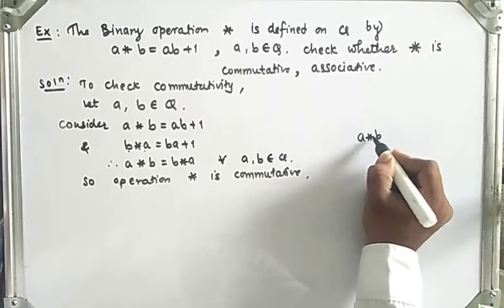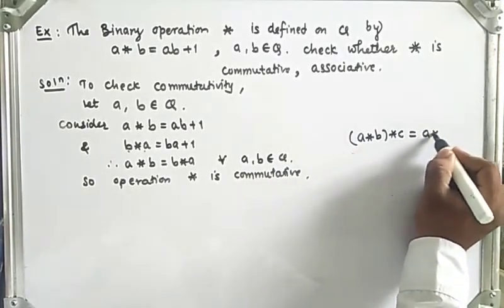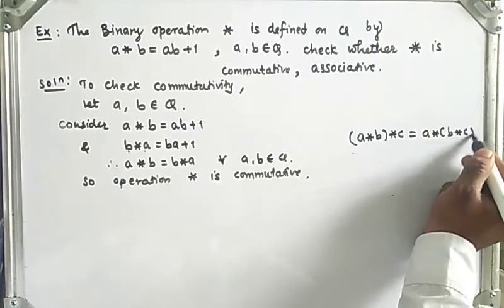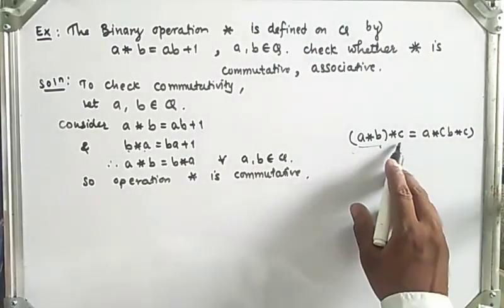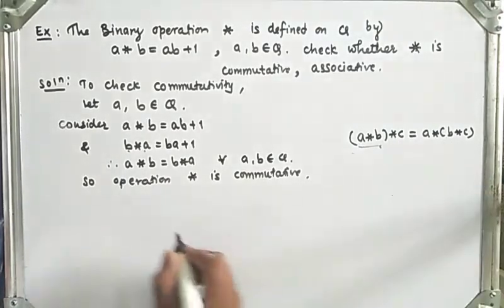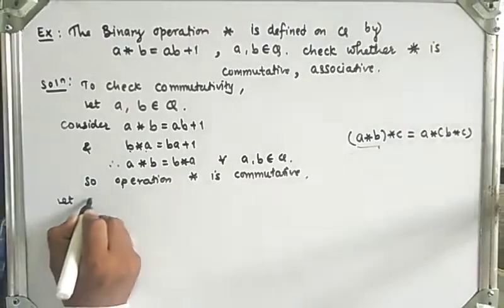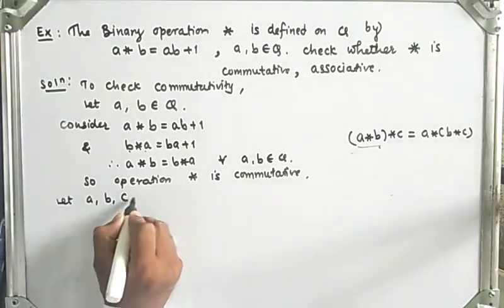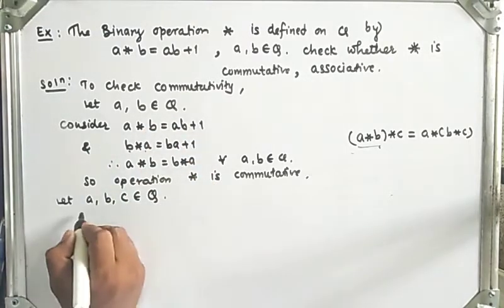(A star B) star C is the same as A star (B star C). Means first solve this bracket and then apply it with C. So let's check. Consider three elements. Let A, B, C belong to the set of rational numbers.